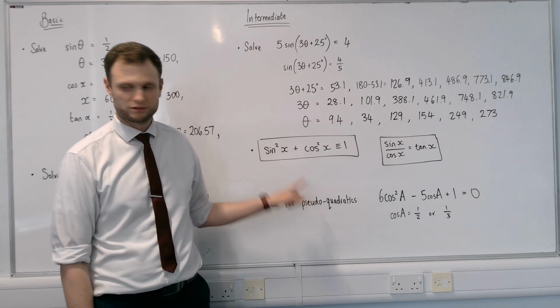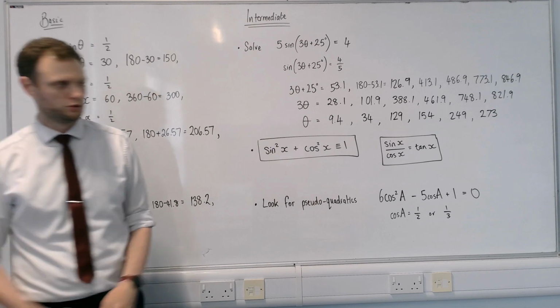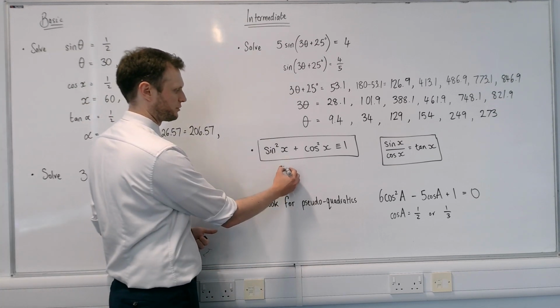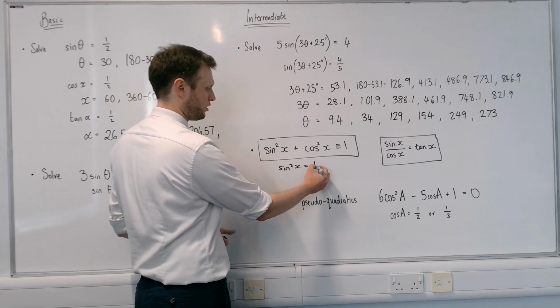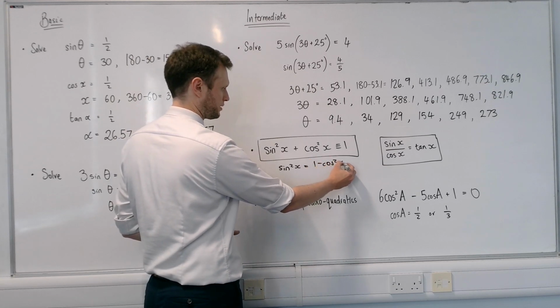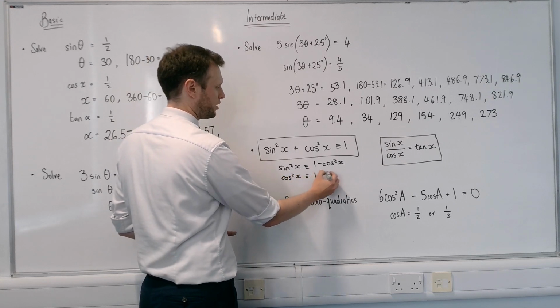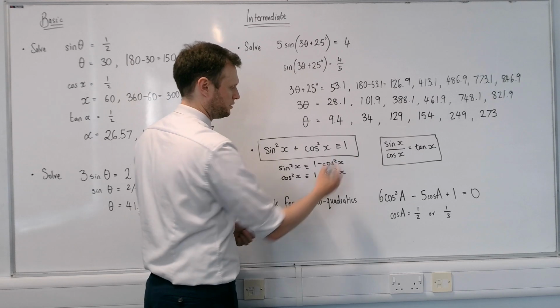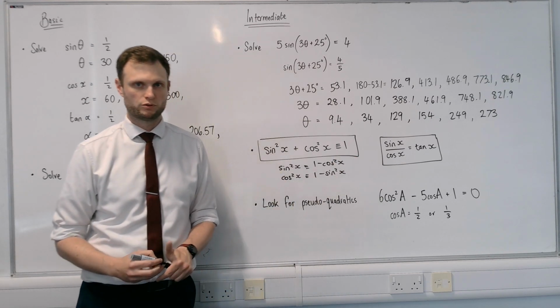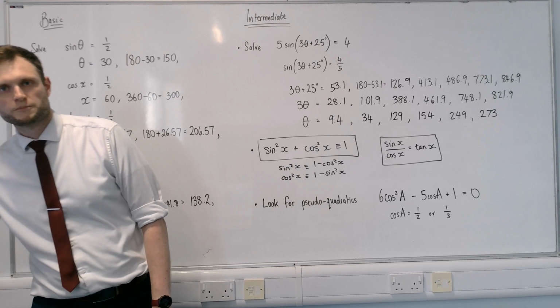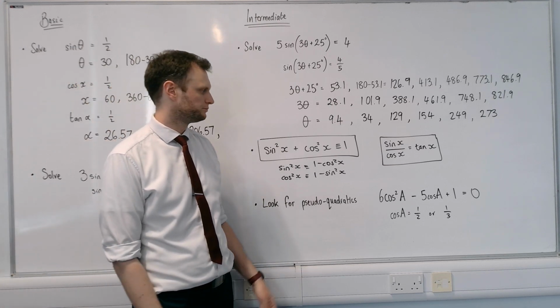This one can be rewritten into two useful ways. So sine squared is 1 minus cos squared, and cos squared is 1 minus sine squared. Both of those are very useful as well for solving those identity questions.